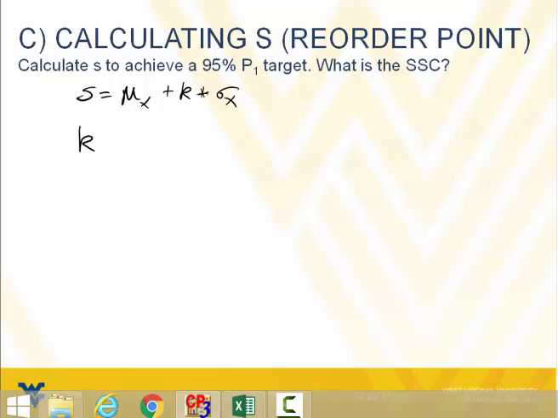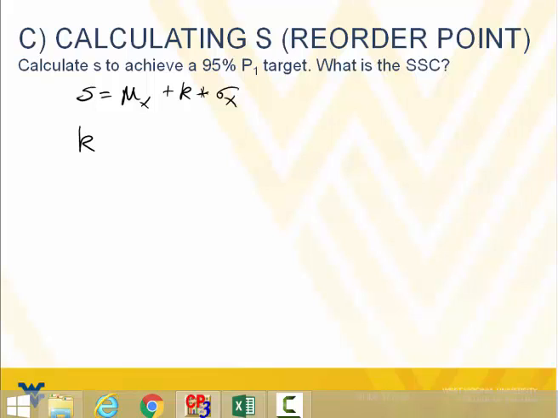So what is K? 1.3? Hold on a second. For the new reorder point, what is K going to be?